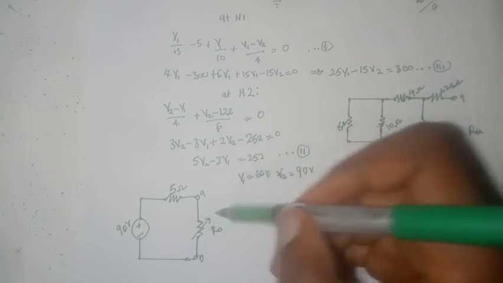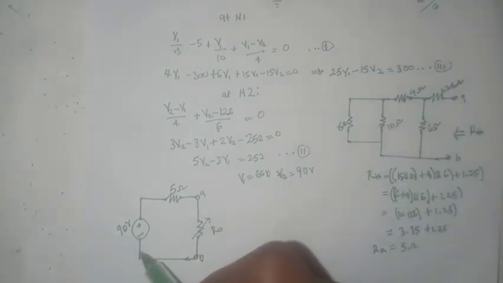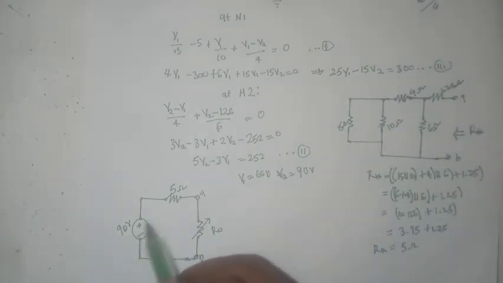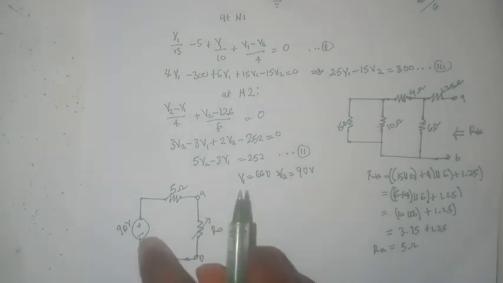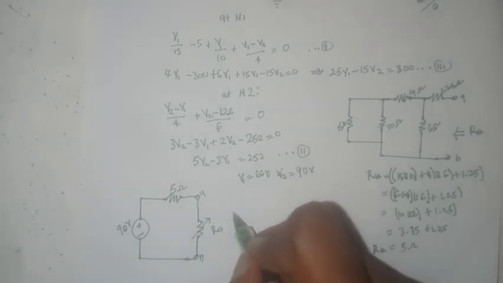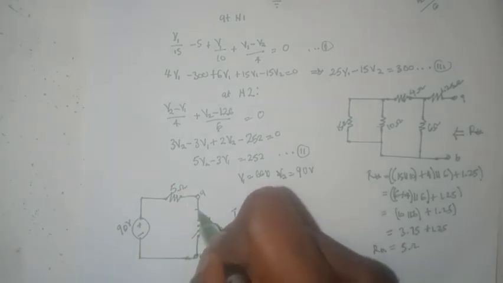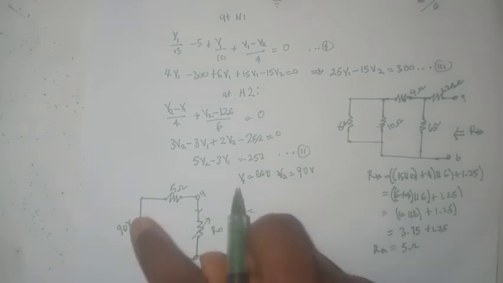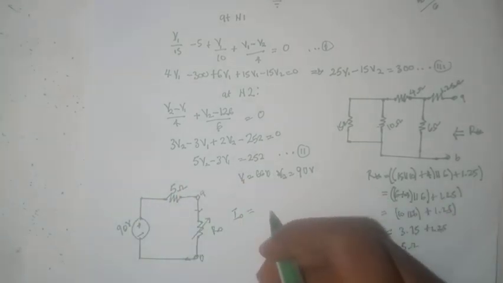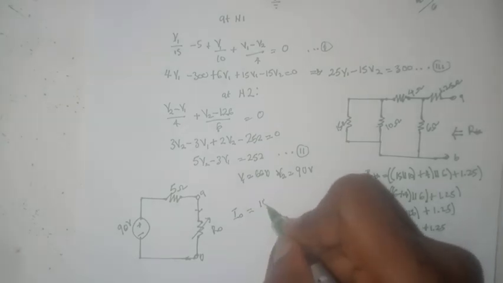Now, when the resistance is 0 ohms, the total resistance in the circuit will be 5 ohms. So the current I0 flowing through the resistance would be 90 divided by 5, and that would be around 18 amperes.